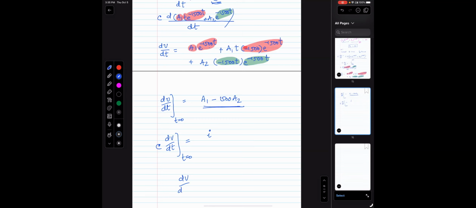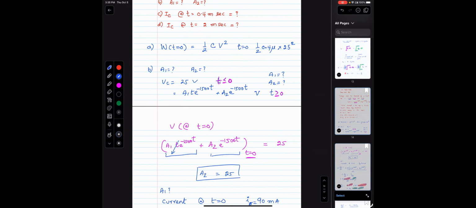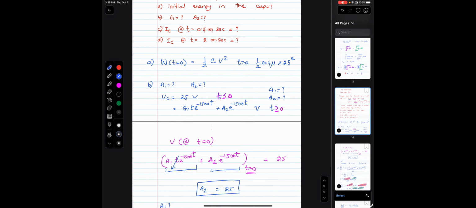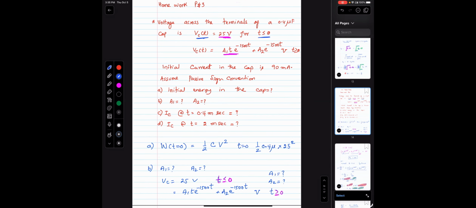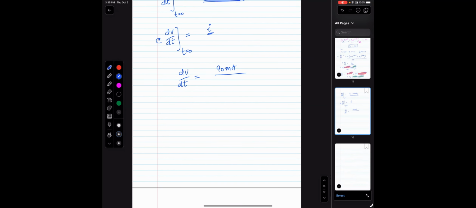So dV by dt is 90 milliamperes, which is this current, divided by the capacitance. The capacitance value is given to be 0.4 microfarads.